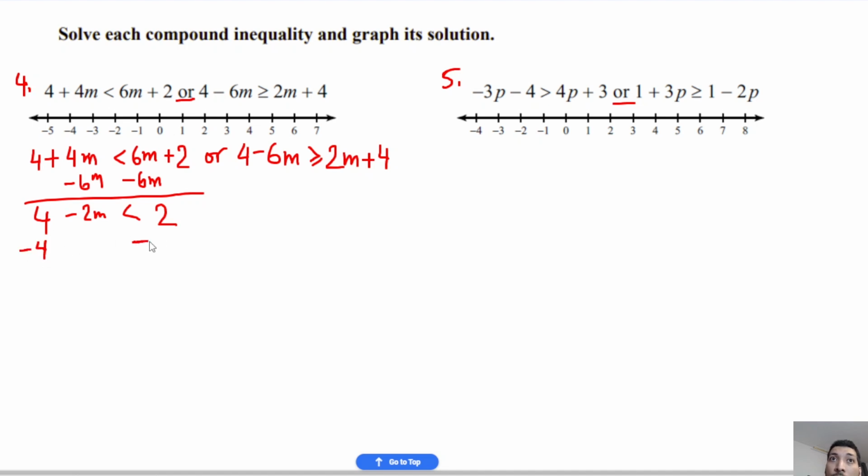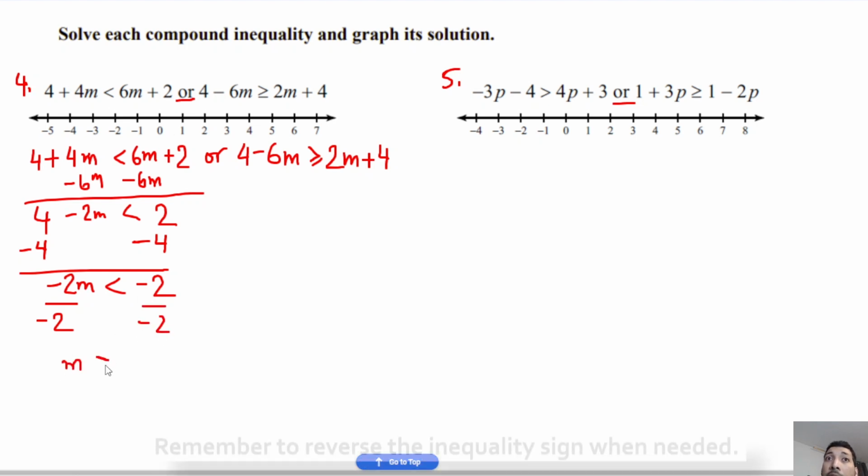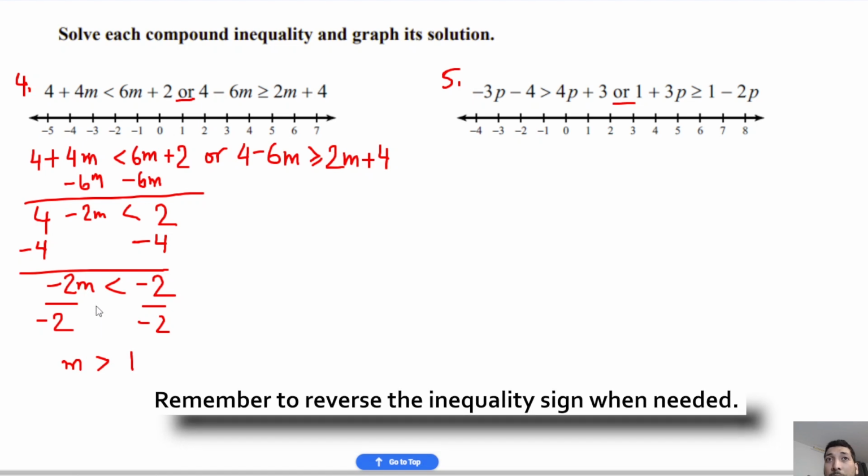If we subtract 4, we get negative 2m less than 2 minus 4, that is negative 2, and divide both sides by negative 2, we get m greater than 1 because we are dividing by a negative number, so we reverse this inequality symbol.